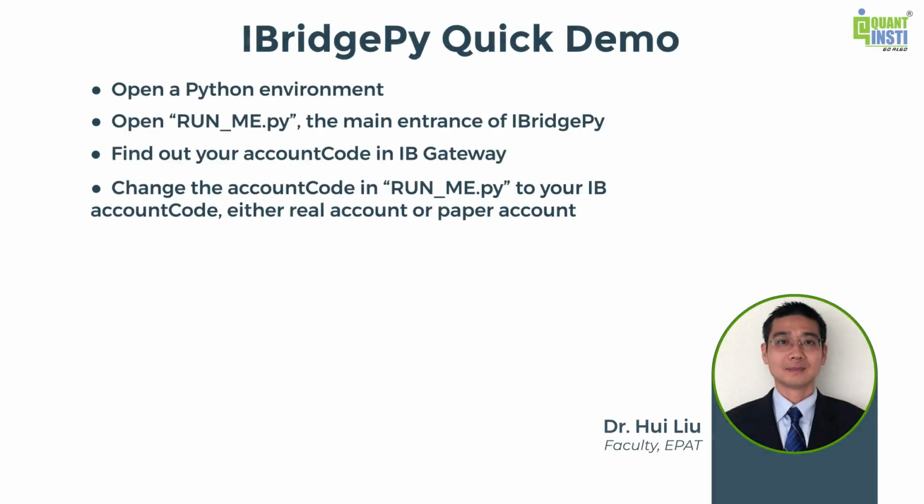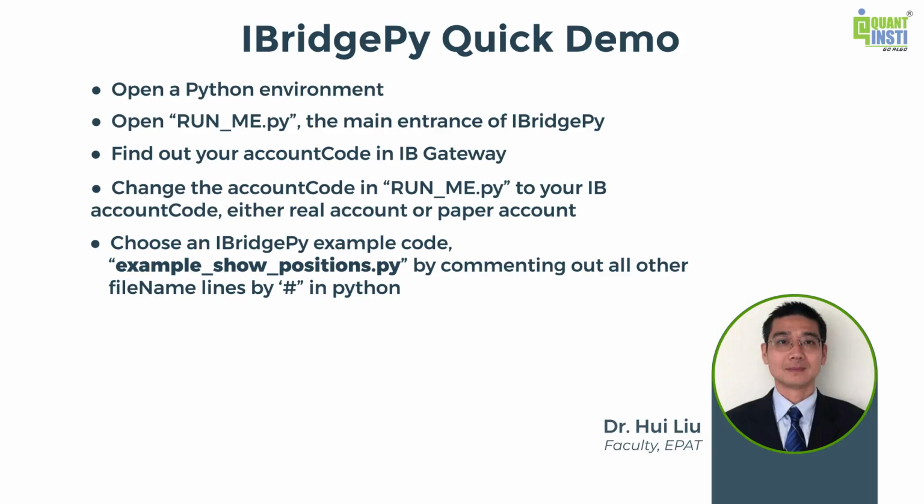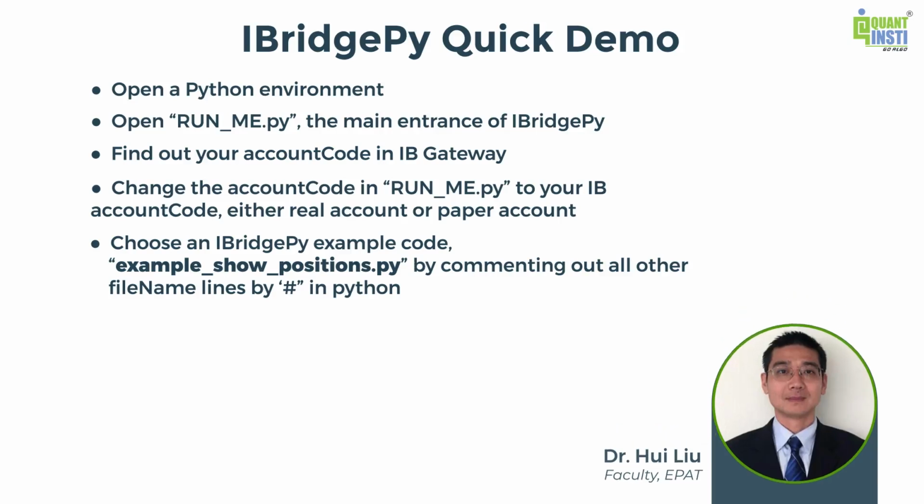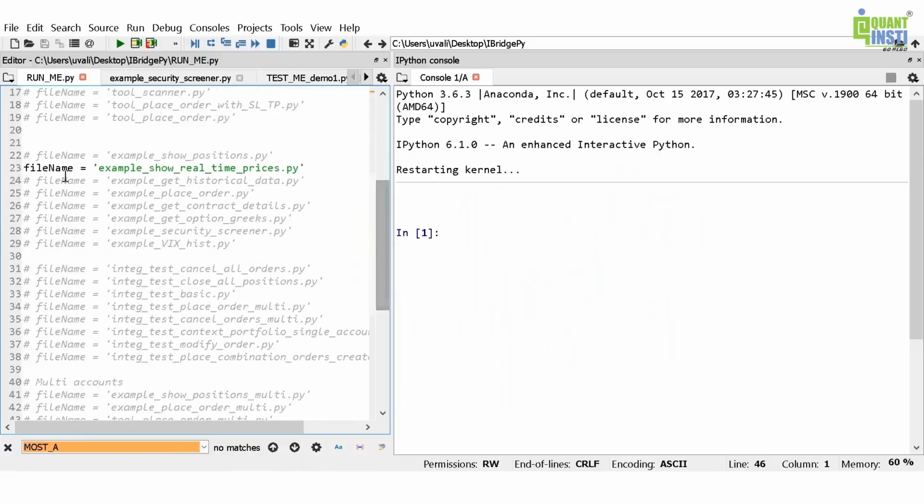Then the next, what you need to do is to choose an IbridgePy example code by commenting out all other file names. I mean by that is, if you open runme.py, you will find multiple lines of file name with example code there.